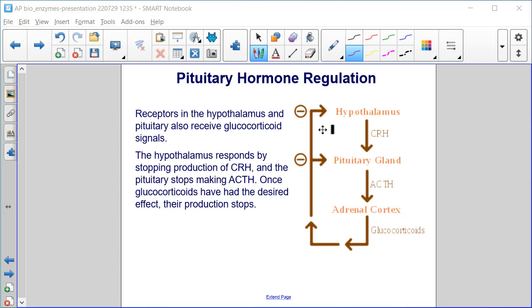In addition to increasing in the bloodstream, receptors in the hypothalamus and pituitary also receive glucocorticoid signals. The hypothalamus responds by stopping production of CRH, and the pituitary stops making ACTH. Once glucocorticoids have had the desired effect, the production stops.